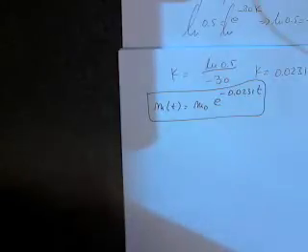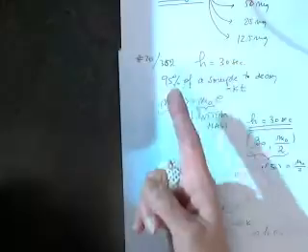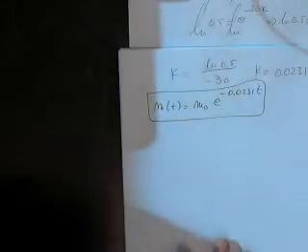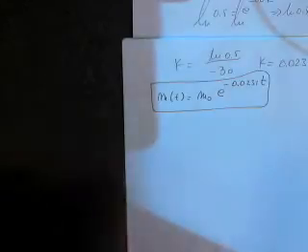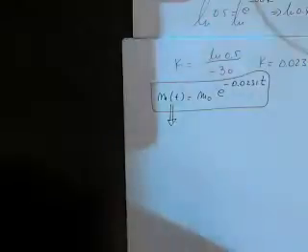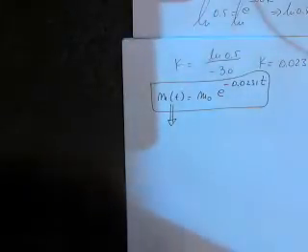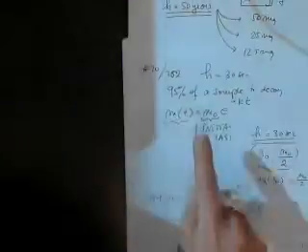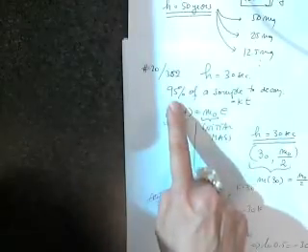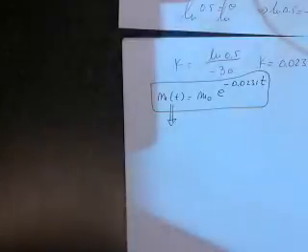So when I'm asked to find the time such that 95% of the sample decays, what do they mean by that? What does this equal to? So 5% because 95% is gone. Very good. So what is the operation?